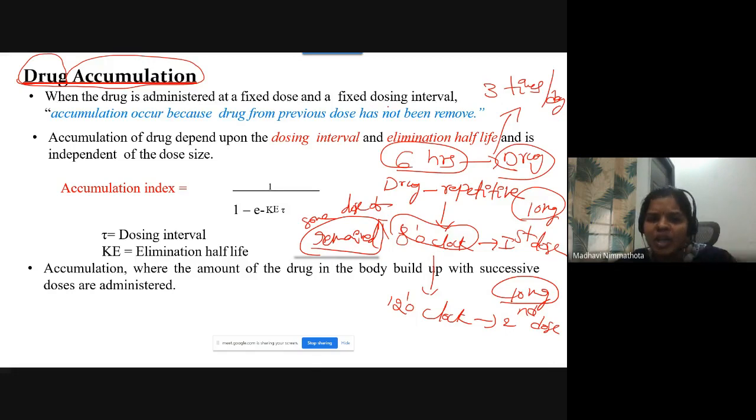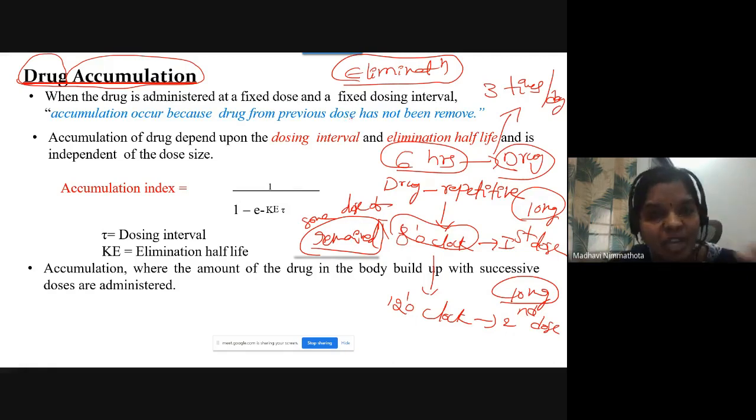It is totally based upon the elimination half-life of the drug. We know how the drug gets eliminated and that the drug has an elimination half-life. The doctor will suggest this time period, so within that elimination half-life time period, your first dose of the drug will get eliminated.